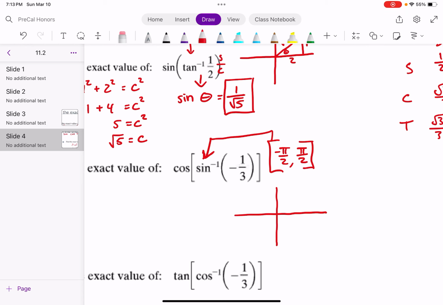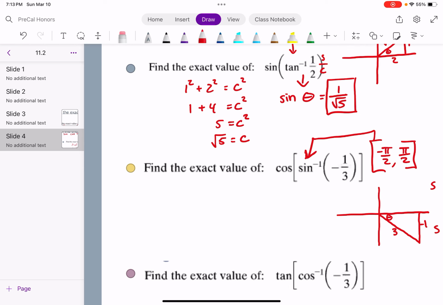Since we know that sine would fall onto this right side, we know that our hypotenuse would have to be 3, and it would drop down by 1. We would then have to go ahead and find the missing side of our triangle.